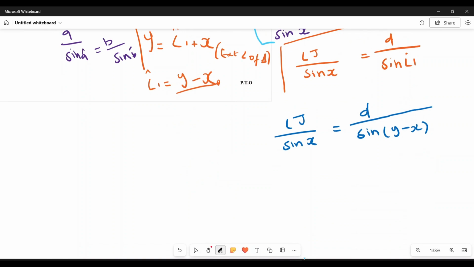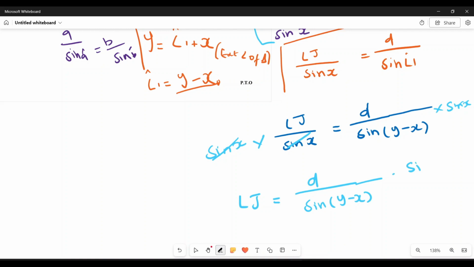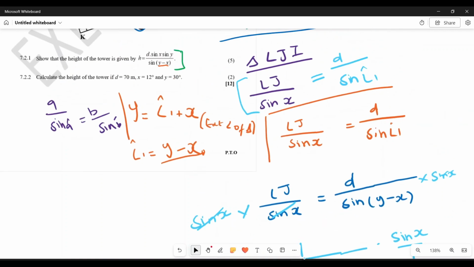I'm trying to solve for my LJ, so I'm going to multiply both sides by sine X to get rid of the sine X here. As a result, my line LJ would be equal to D over sine of Y minus X multiplied by sine X over 1. Now remember, this is my equation 2.